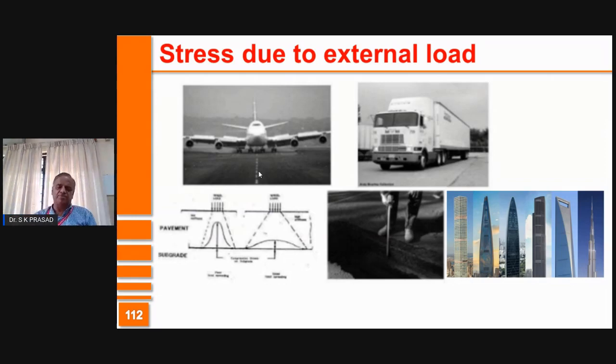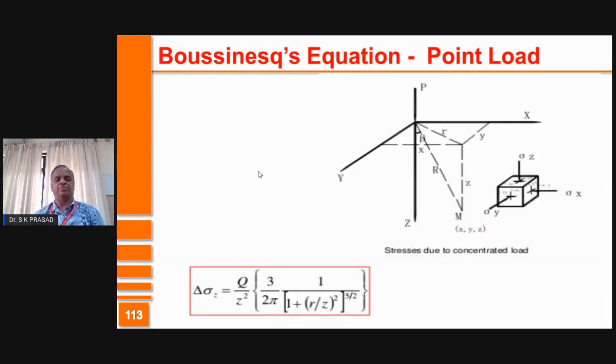So the major difference between geostatic stress and stress due to external loads is that geostatic stress is the stress due to overburden pressure. Stress due to external load is due to the stress exerted by some weight kept on the soil. And geostatic stress increases with increase in the depth of foundation, and stress due to external load decreases with increase in the depth of foundation.